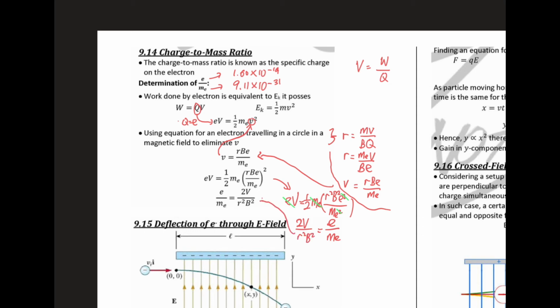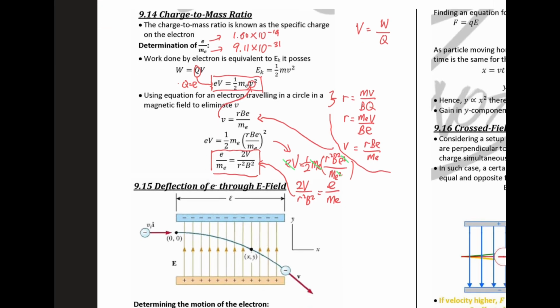Then we get this formula. Try to understand the way to derive it, because sometimes the question asks you to derive it. These two are the important formulas. Now let's move on.